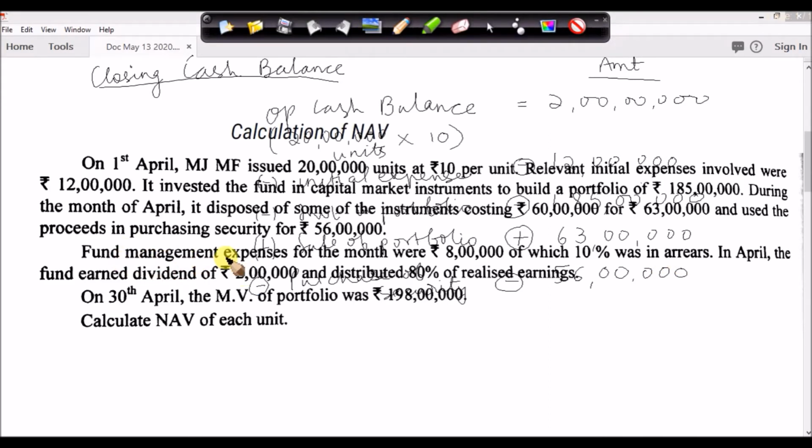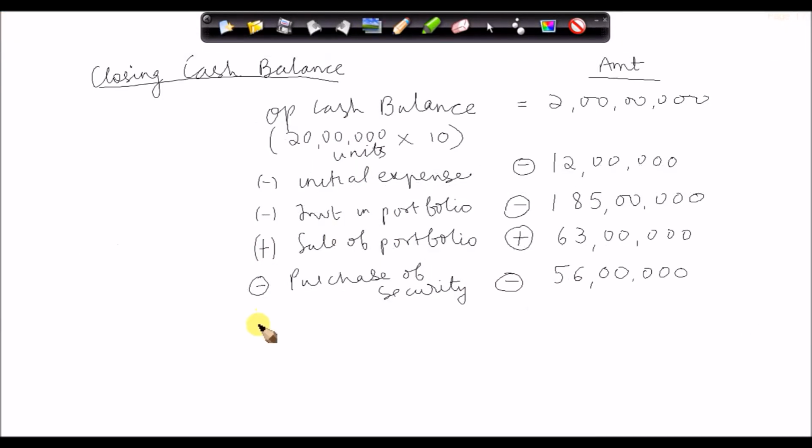Then fund management expenses for the month were 8 lakhs, of which 10% was in arrears. So there were some fund management expenses: 8 lakhs, 10% in arrears. It means 90% of the fund management expenses are paid, so it will reduce your cash.